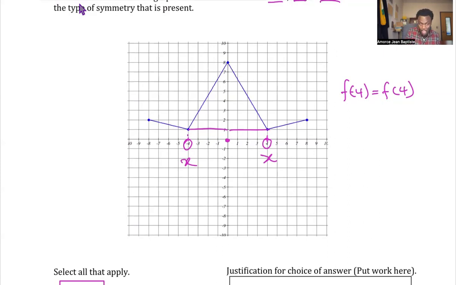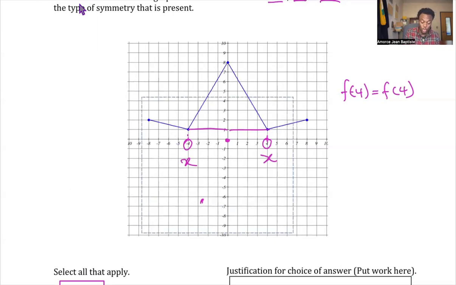We need to expect it in the opposite way. So the value f of 4 should have been found somewhere down here. It's not. So that's automatically it.